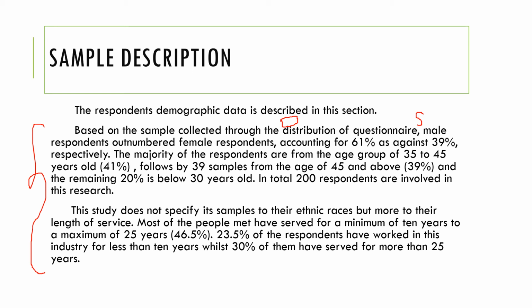It does not have to be long. So this is one example of how you are going to write about your respondents. Now you have your own way, and I think you would have a better way to describe yours. Okay, next.